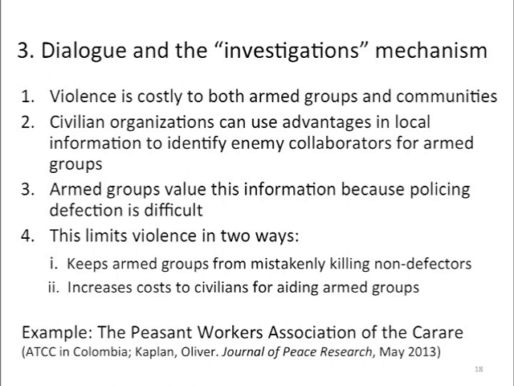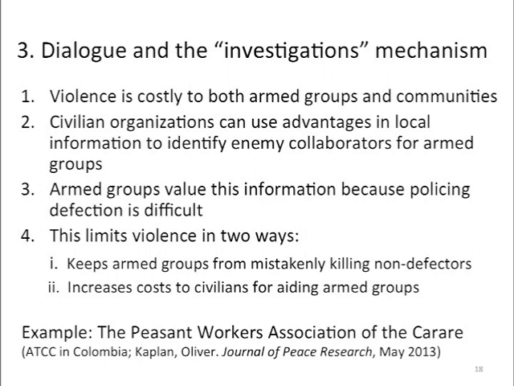Third, the armed groups value this information precisely because they have difficulty policing defections. They don't have the information, they don't often have the access, but yet they're worried about what the civilian population is doing and whether or not they're supporting one of their enemy groups. So if you have these three conditions, civilians are actually able to provide credible information that the armed groups value about who is participating in the conflict and who is not.